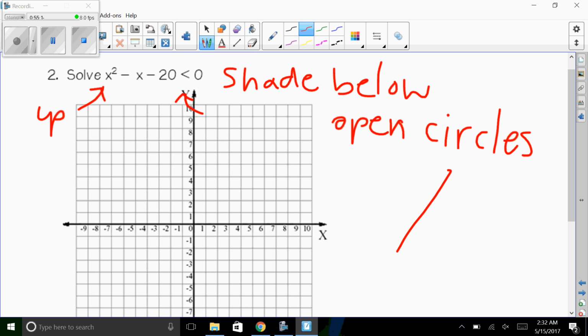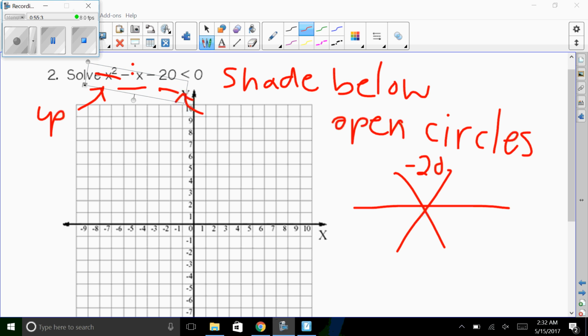First we need to know our x-intercepts. Negative 20 times 1 is negative 20. That's a negative 1 in the middle, so that goes here.